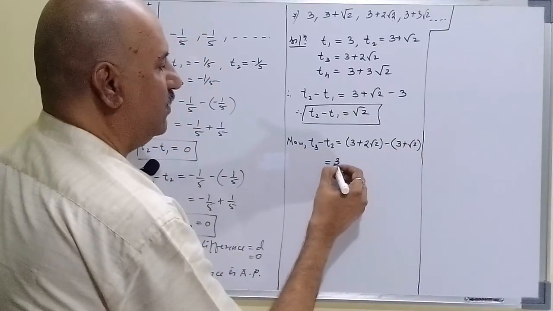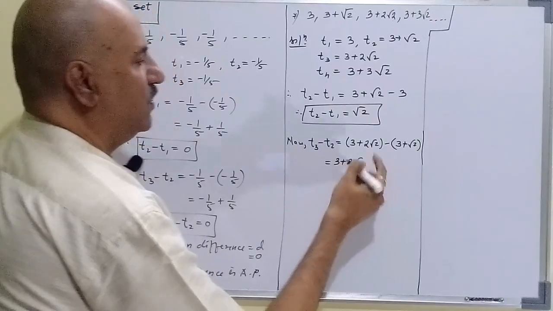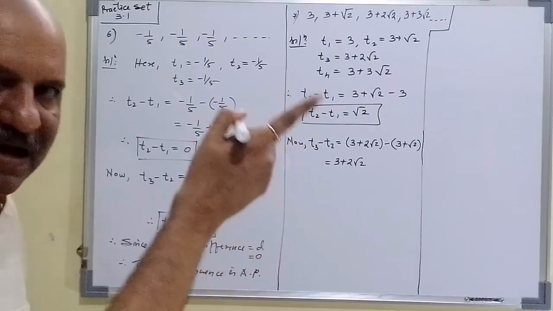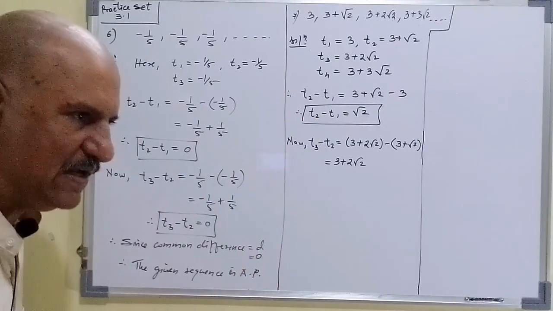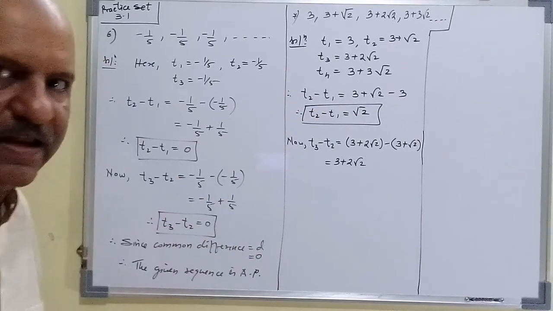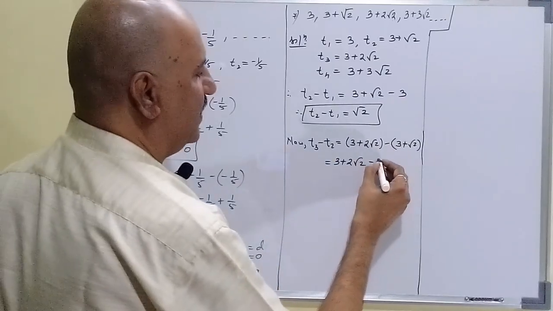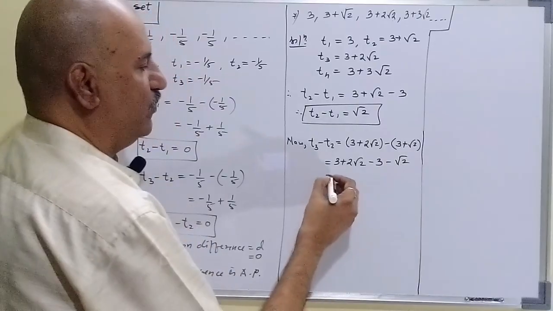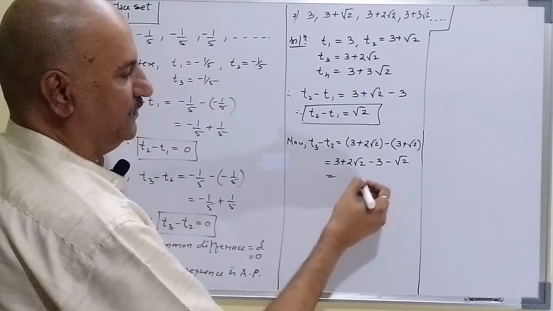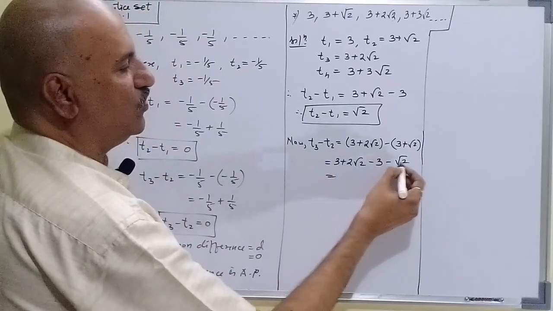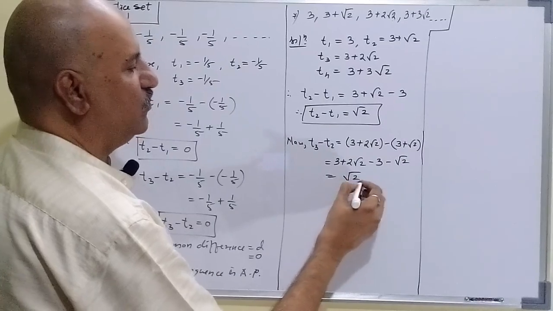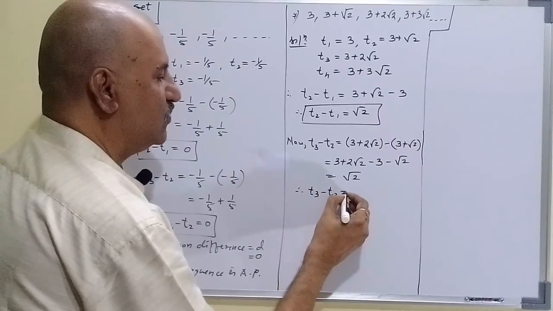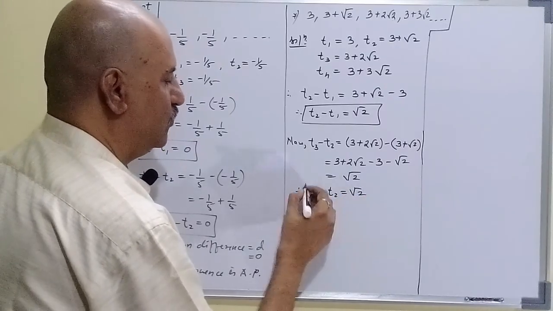So solve करो. ब्रैकेट के बाहर माइनस है, तो माइनस से मल्टीप्लाई करना पड़ेगा. माइनस इंटू प्लस माइनस 3, माइनस इंटू प्लस माइनस root 2. तो ये 3 और ये 3 कैंसिल, तो क्या बचा? 2 root 2 minus root 2 is root 2. Therefore, we can say T3 minus T2 is also root 2.